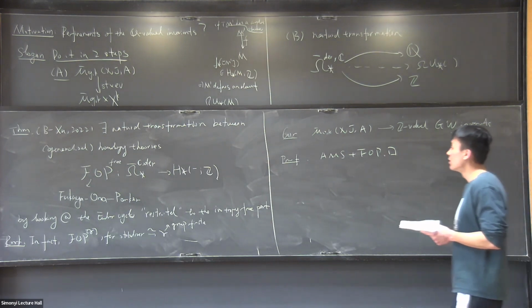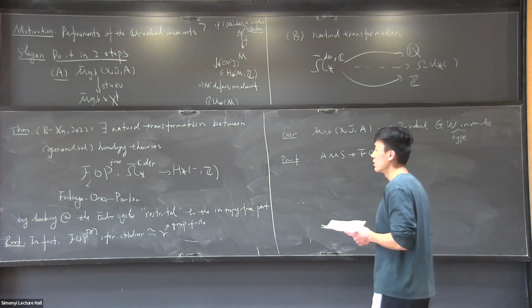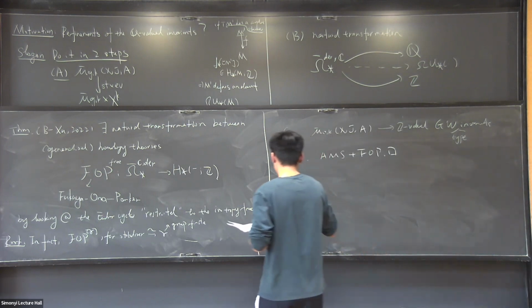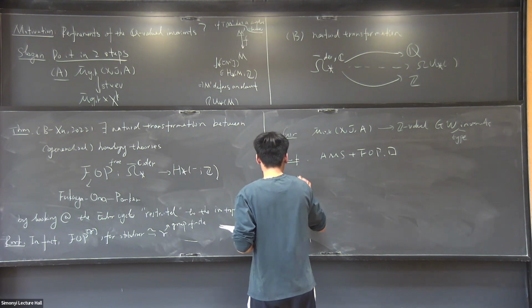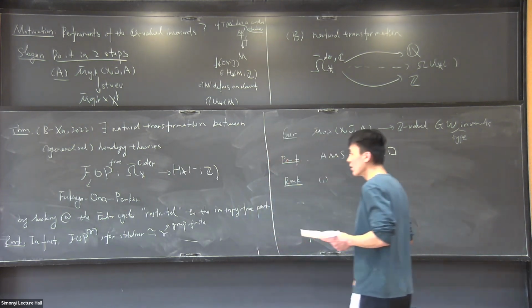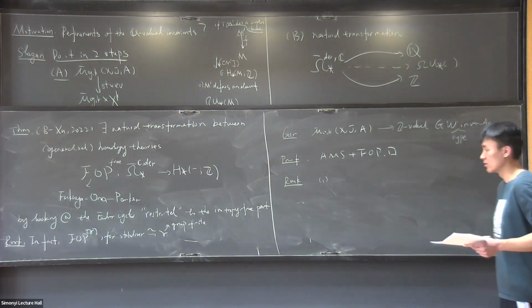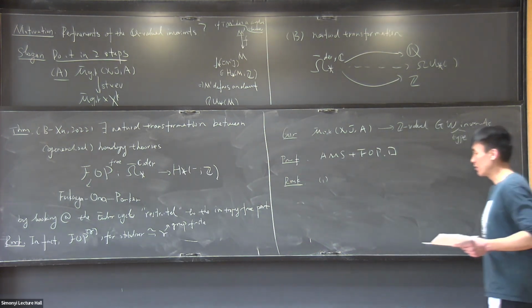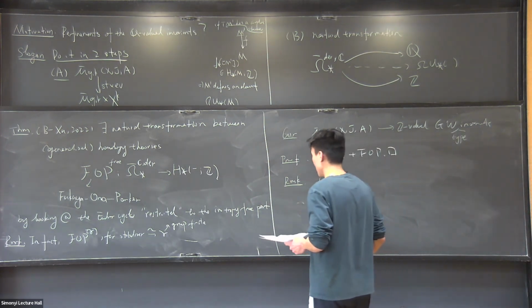Okay, so let me write two remarks. There are some applications of this construction, but I won't talk about them in detail, but let me tell you what they are.